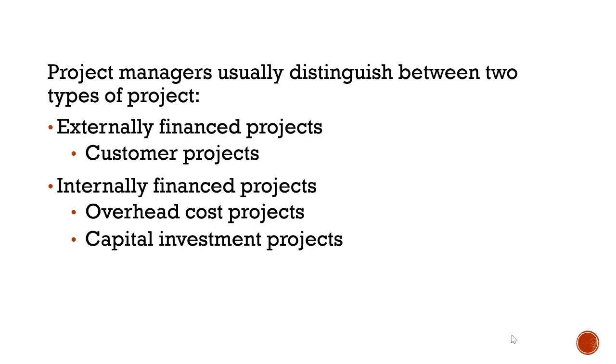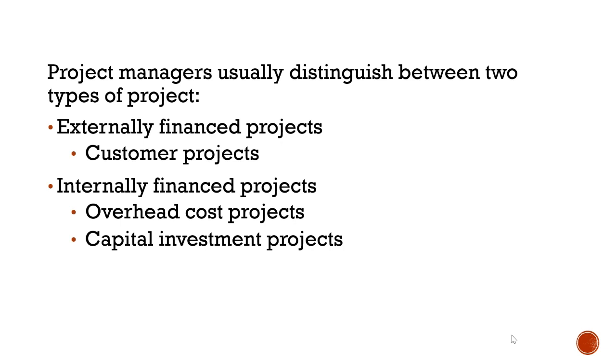Okay, it is like overhead, which I'll just brief as an OPEX project, and then capital investment, which I'll just brief as a CAPEX project. These are overhead cost projects and capital investment projects.